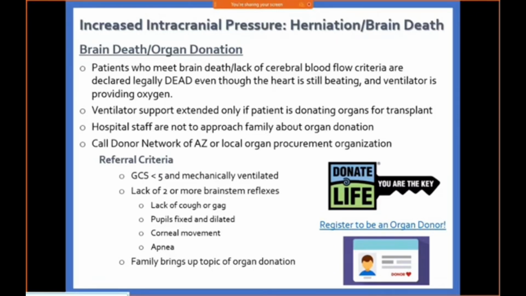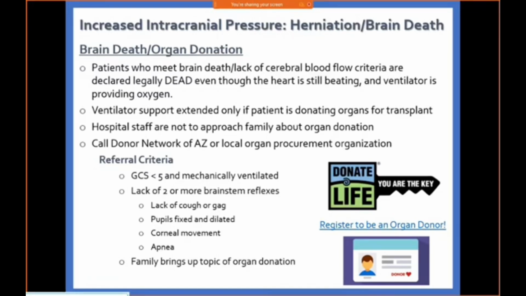There's a lot of controversy amongst families; people do believe that the hospital staff are not taking best care of their loved ones in order to harvest organs. And so they believe that if the hospital staff approaches them about organ donation, it's because hospital staff had something to do with wanting the organs.